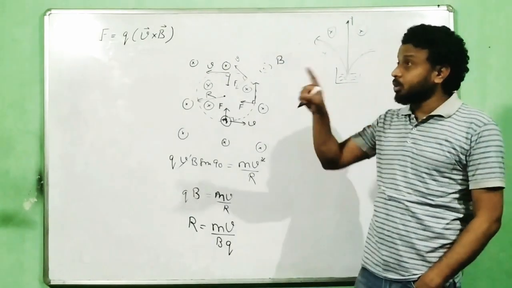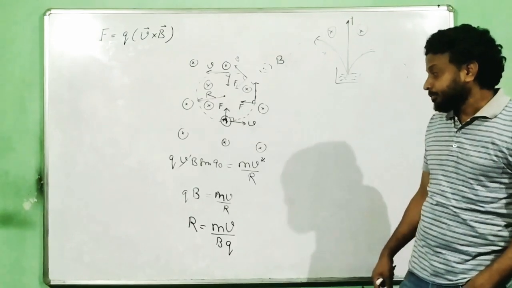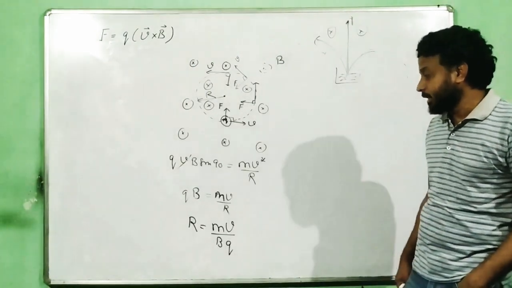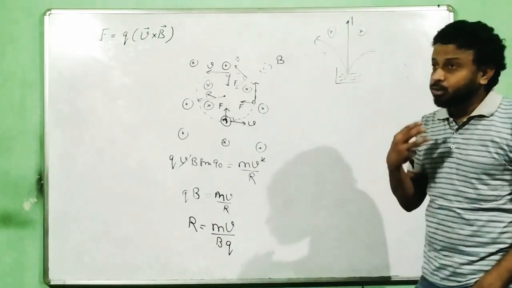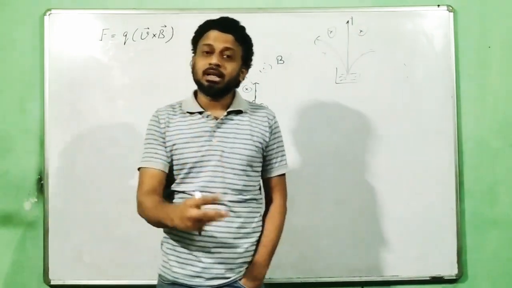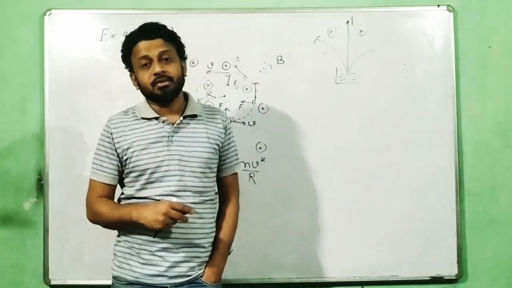The proton will have more radius because it has more mass, and electron will have less radius because it has less mass. So that type of question can be asked over here. For that you should know what a proton is: a charge which is more massive than electron but has the same charge. Electron, you know, is a negative charge.